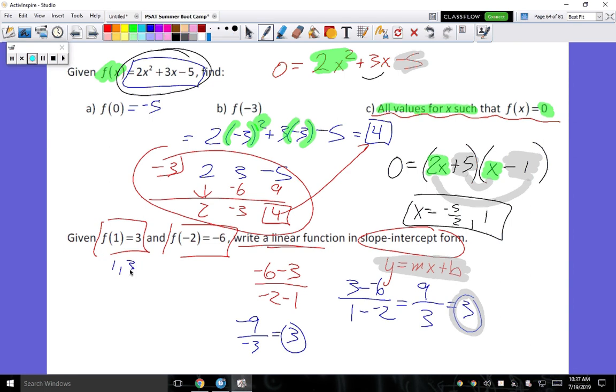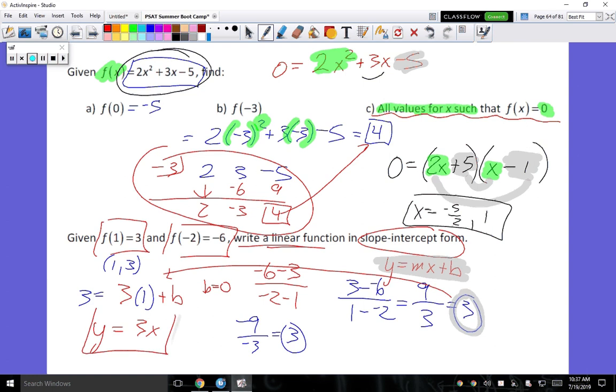You could use 1 and 3, and because it's not negatives, I'm going to go ahead and use this one because it's a little quote-unquote easier. You could say 3 is y, 1 is x, my slope is 3, so now just solve for b. Do you agree? What's b? 0. So it'll be y is equal to 3x. Done.